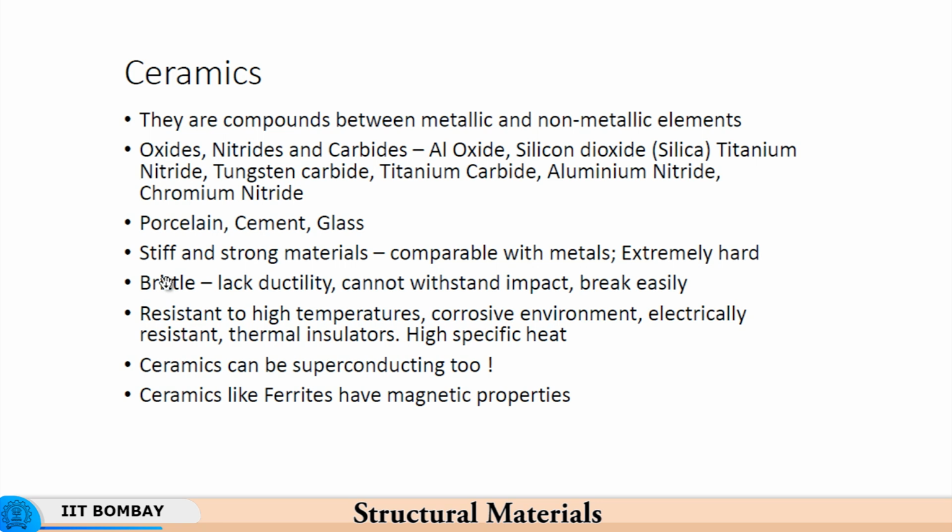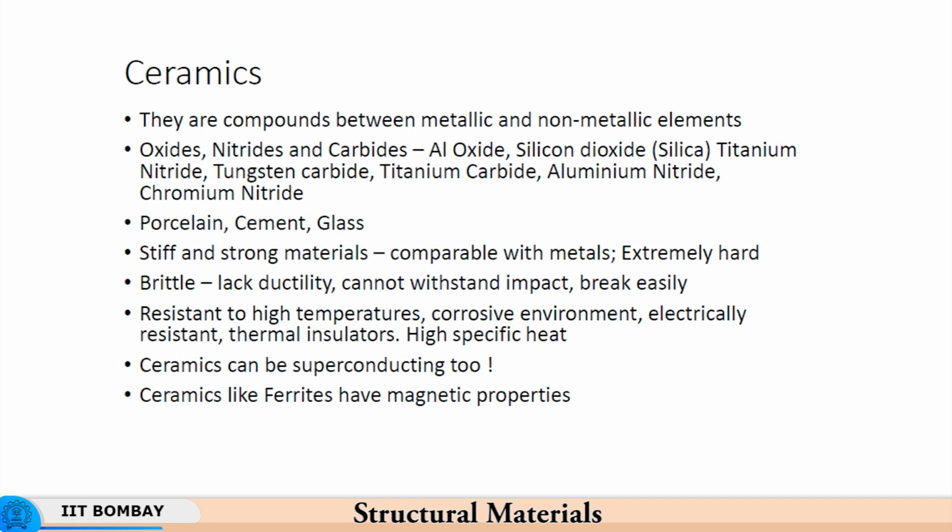Another set of materials is ceramics, and these are basically oxides, nitrides and carbides. So you have aluminum oxide, titanium oxide, titanium nitride, titanium carbide, tungsten carbide. These are very well known hard materials, and these are used as abrasives and cutting tools.